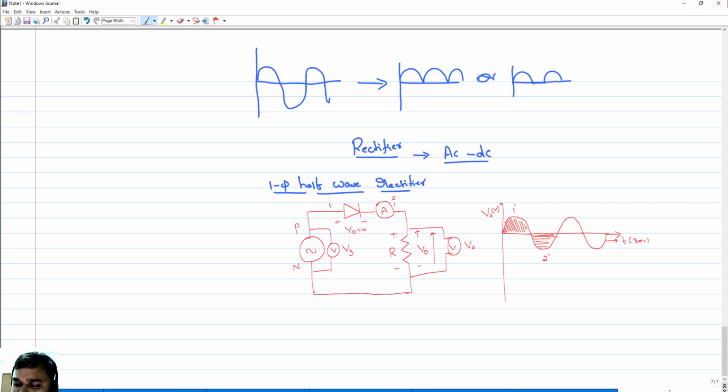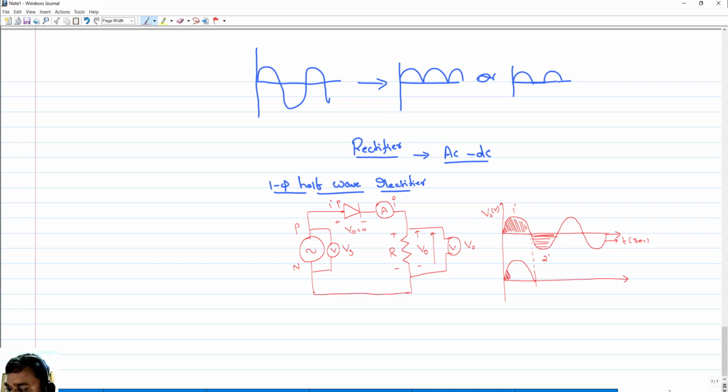When 1 dash is applied across the diode, it appears as a positive supply, so positive supply is given to the diode. The diode starts conducting, current starts flowing, and the output voltage will follow the same. Assuming the diode drop is 0, we will see the same amount of voltage till this point.